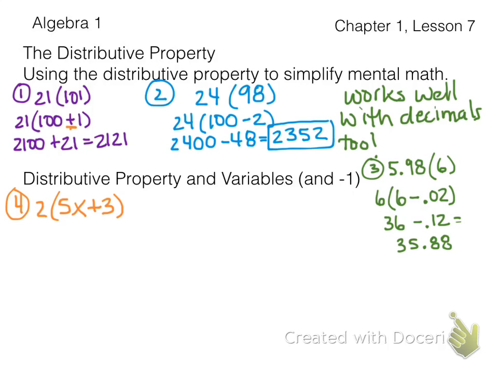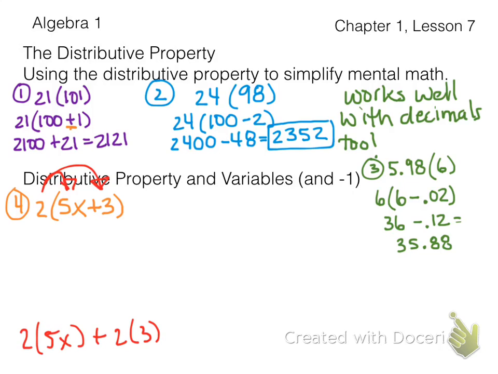All right. Now let's talk about the distributive property with variables and the distributive property and multiplying by -1. So here we have some variables, and we're going to distribute the thing outside of the parentheses to the things inside the parentheses. So it's going to be 2 times 5x plus 2 times 3. Actually, I'm going to go ahead and write that real quick down here, even though I don't show it, because this technically should be review.